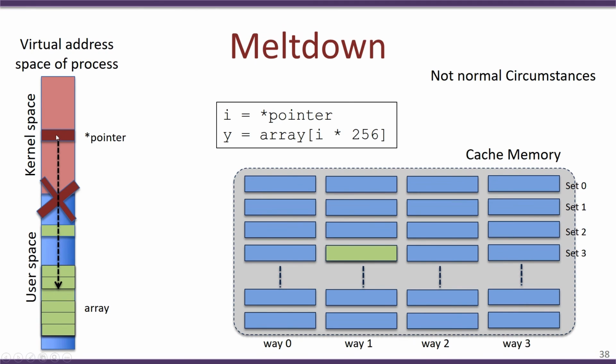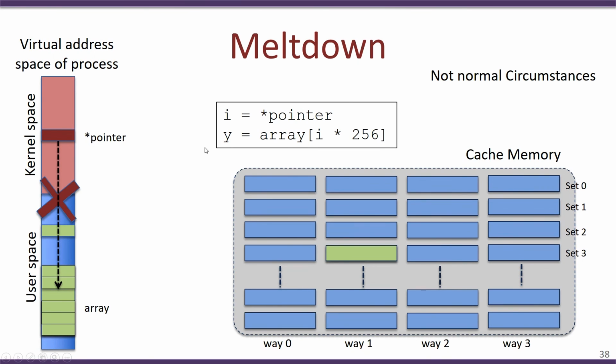Depending on the value of the memory present in this kernel space memory location, since this memory location is used to index into the array, the indexed location may access one of these multiple sets. So, what typically would happen is that if an attacker is able to determine which of these sets has been accessed during the second operation, the attacker would then be able to gain some information about the value of I.